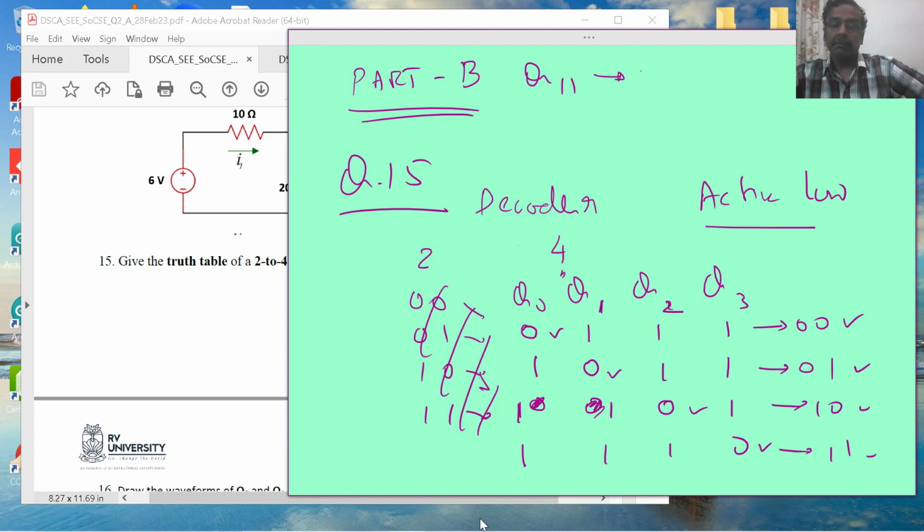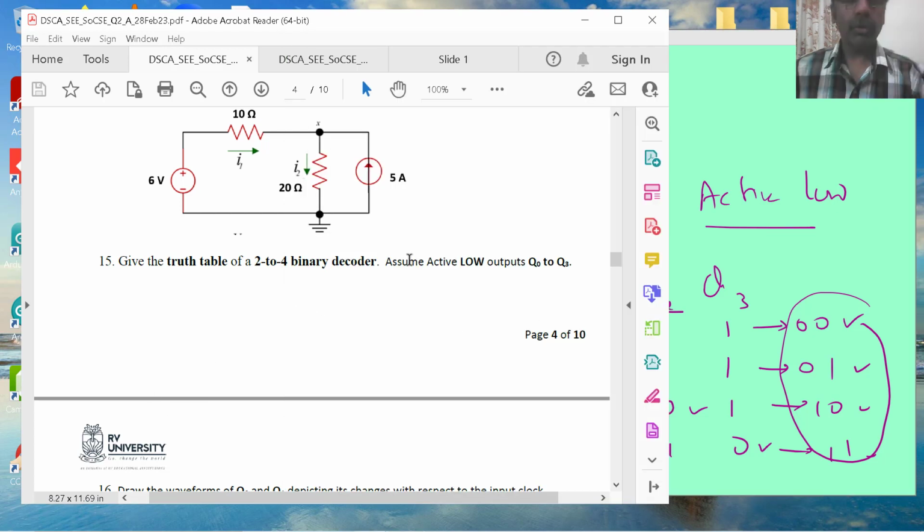So if I tell you that it is an active high circuit, what will happen is, the truth table for the same input, the diagonal will be all 1s, and the rest of it will be 0. So that's the active low and active high decoder. Okay, so this is about 2 to 4, and if it is 3 to 8, it will be a huge table. Okay, that's all about the decoder circuit.